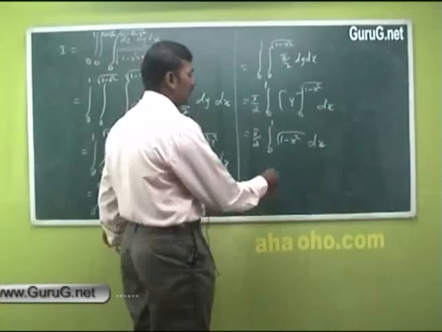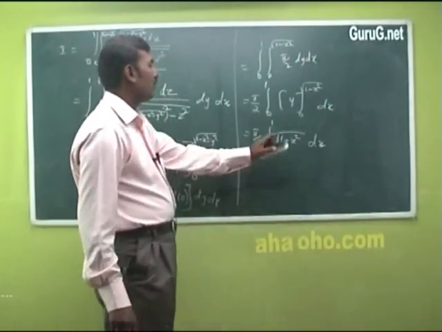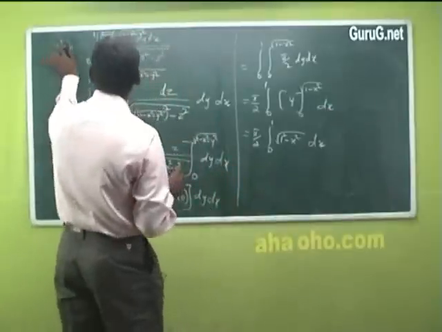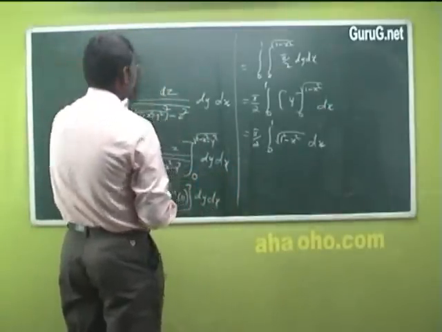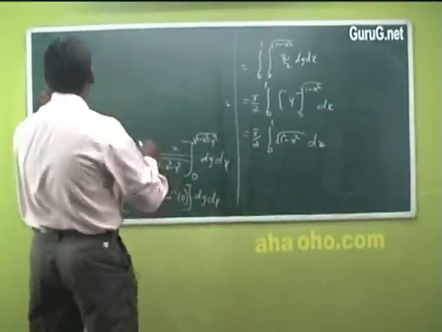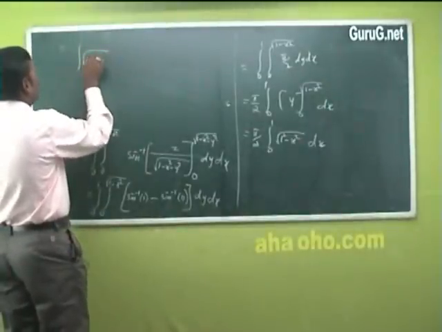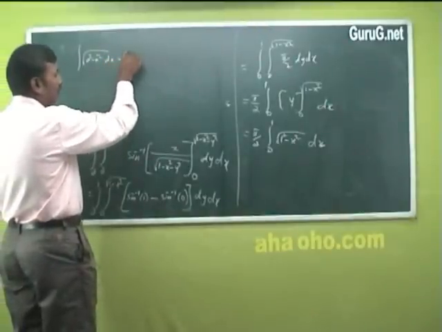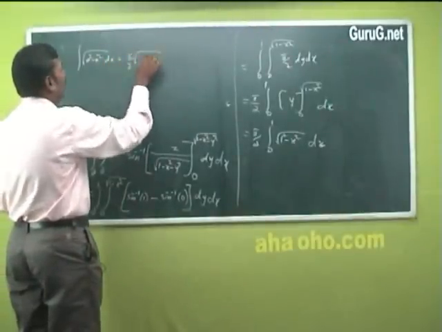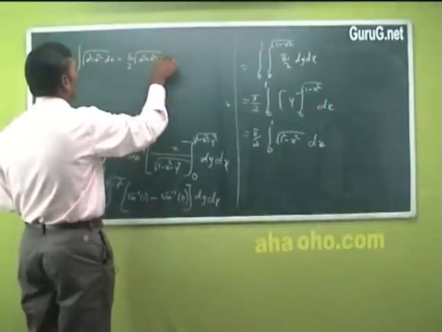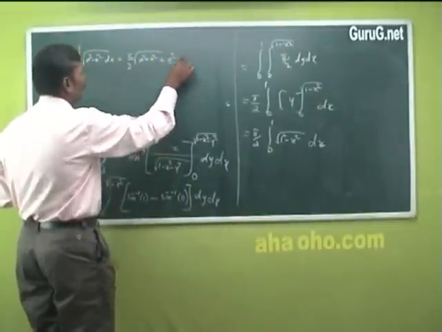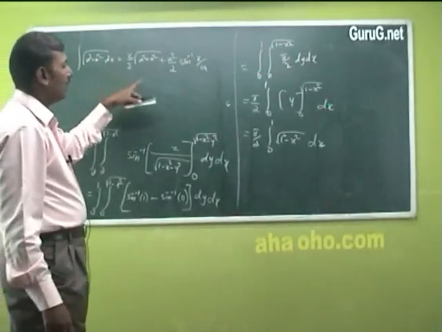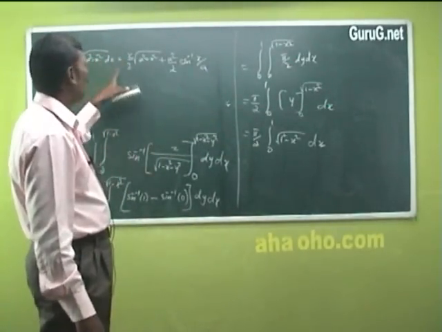What is the formula for this? I can write this as 1 square. Root of a square minus x square, what is the formula? Integral root of a square minus x square into dx equal to x by 2 root of a square minus x square plus a squared by 2 sin inverse of x by a. So this is the formula. Compare the two: what is a now? So a equal to 1.